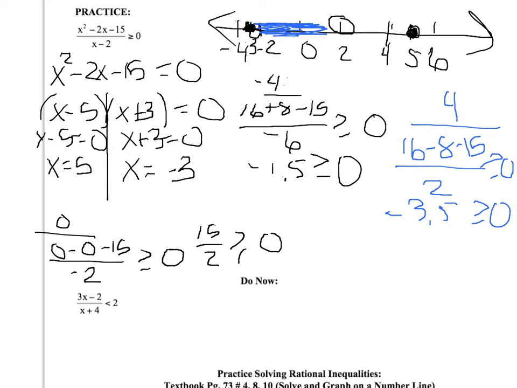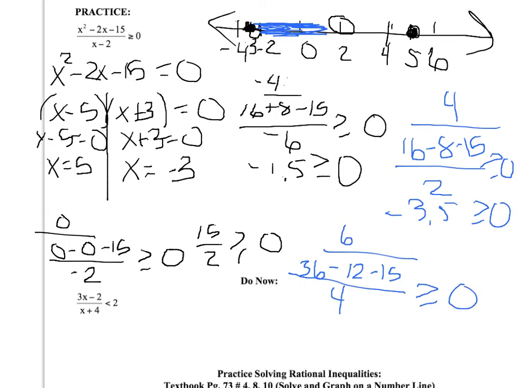Finally, I have one more to do. I had to find something bigger than that last dot, so I'm going to choose 6. And I'm going to plug 6 into my original equation. When I plug a 6 in, 6 squared is 36. Minus 12 minus 15 over 4, which is 6 minus 2, has to be greater than or equal to 0.